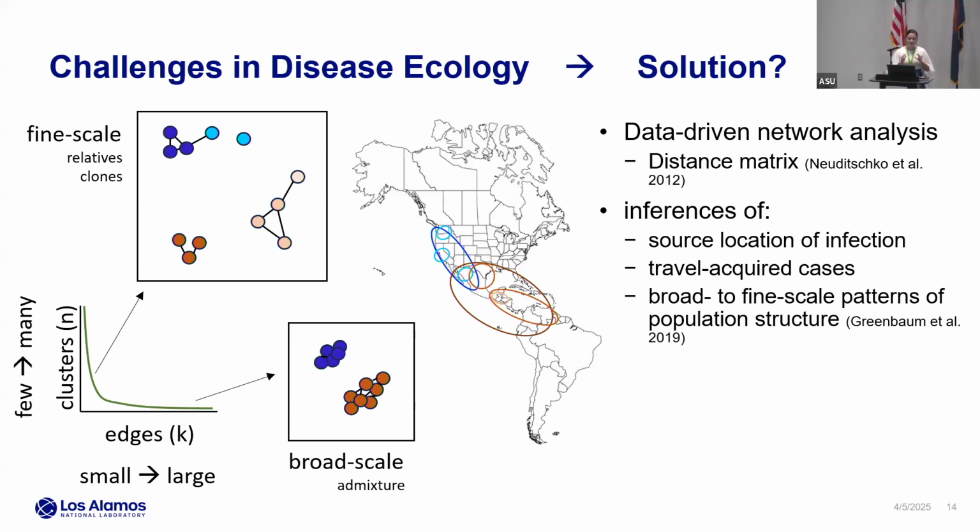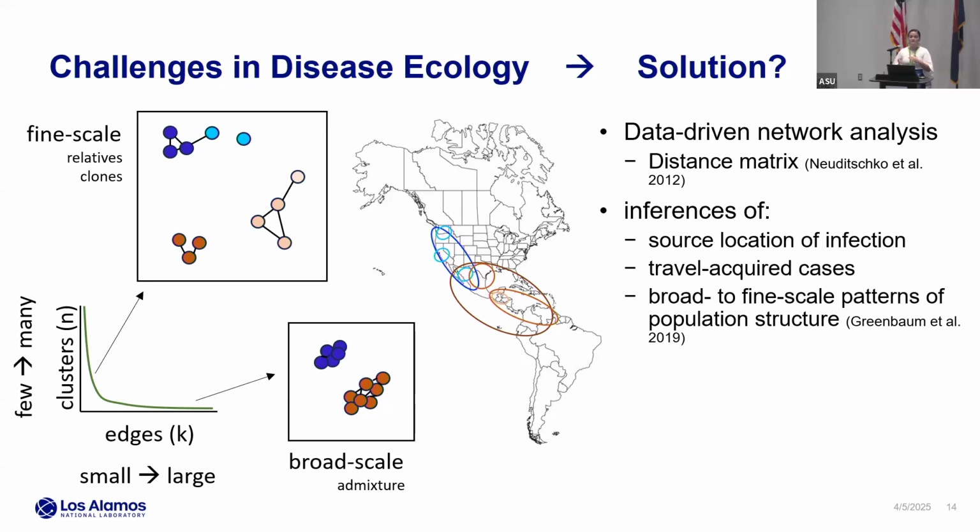The way the network analysis works is that nodes correspond to individuals in the data set. Edges between nodes are proportional to the genetic distance between those two individuals. When we look at broad scale, which corresponds to many edges, as demonstrated in the K-plot in the bottom left, many edges identify those broad scale relationships and patterns of admixture.